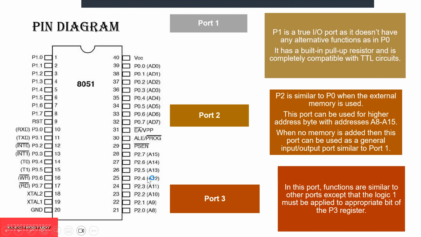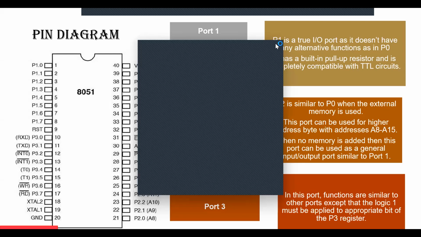And the P2 port is similar to the P0 port, where external memory is used, and this port will be used for addressing the bytes, where the address ranges from A8 to A15. When no memory is added, the complete port will be used as an input or output port, how port 1 is being used.